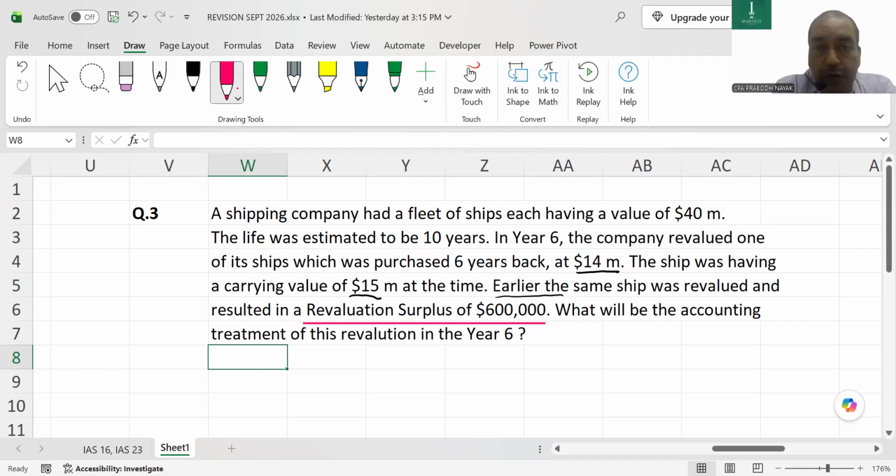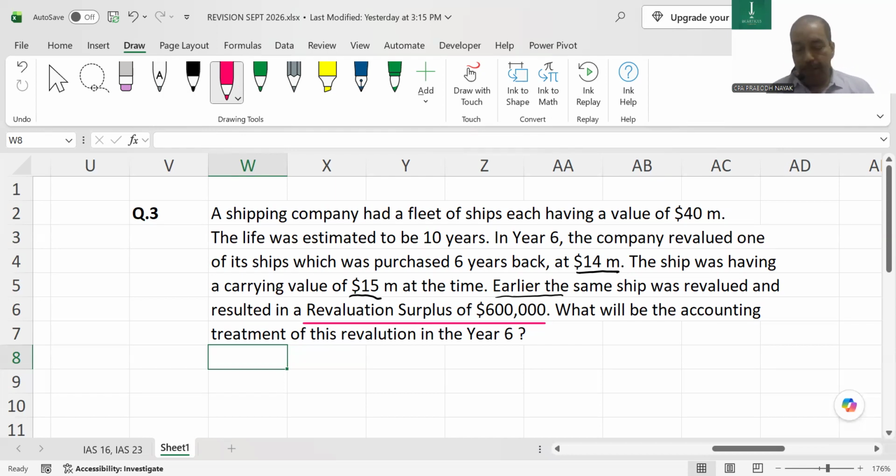Subsequent gain will go to उसी. लेकिन पहले गेन हुआ है $600,000 का, तो वो ओसीए में गया होगा। अभी 1 मिलियन का लॉस हुआ है, तो लॉस will be adjusted against $600,000 to the extent possible. 1 मिलियन पूरा तो एडजस्ट नहीं हो सकता है, तो 1 मिलियन में से कितना एडजस्ट होगा? 1 मिलियन में से ओनली यस 600,000 एडजस्ट होगा। तो बाकी कितना बचा? 400,000 का लॉस स्टिल रिमेन्स, that will be transferred to SOPL, right?